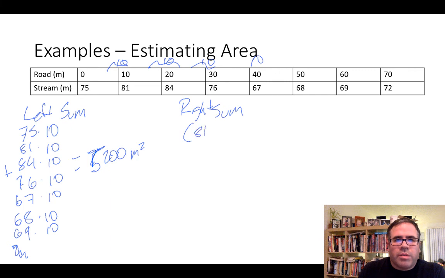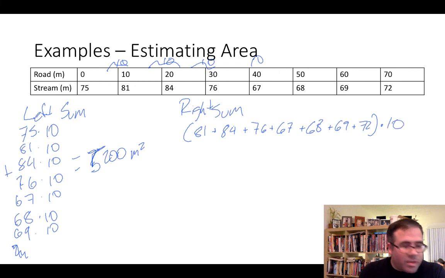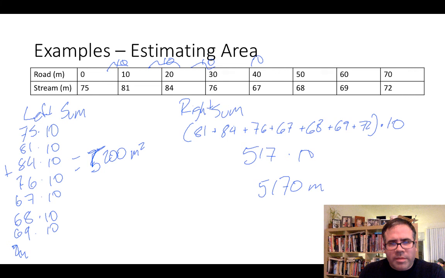So 81 plus 84 plus 76 plus 67 plus 68 plus 69 plus 72. And then everything gets multiplied by 10 anyways, so we just do that first and then multiply the result by 10. So if you do that, you'll get 517, which you'll then multiply by 10 to get 5,170 meters squared.